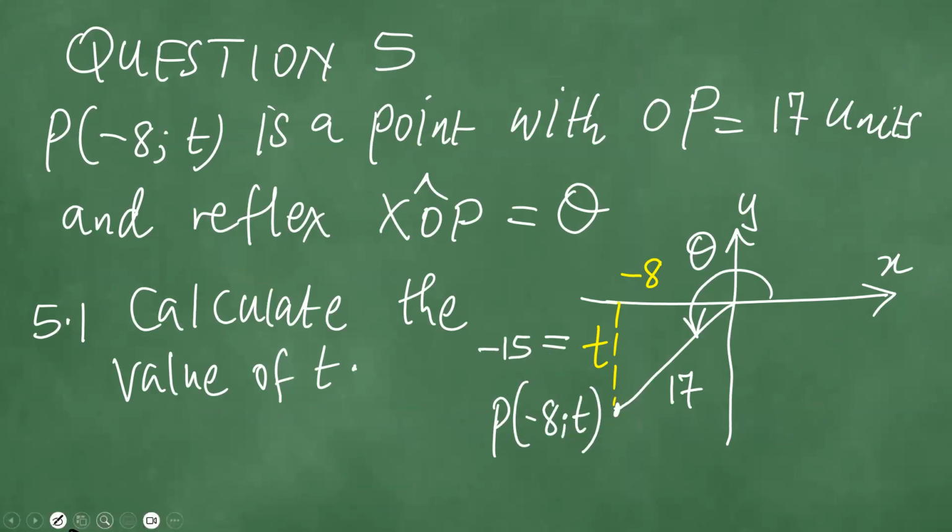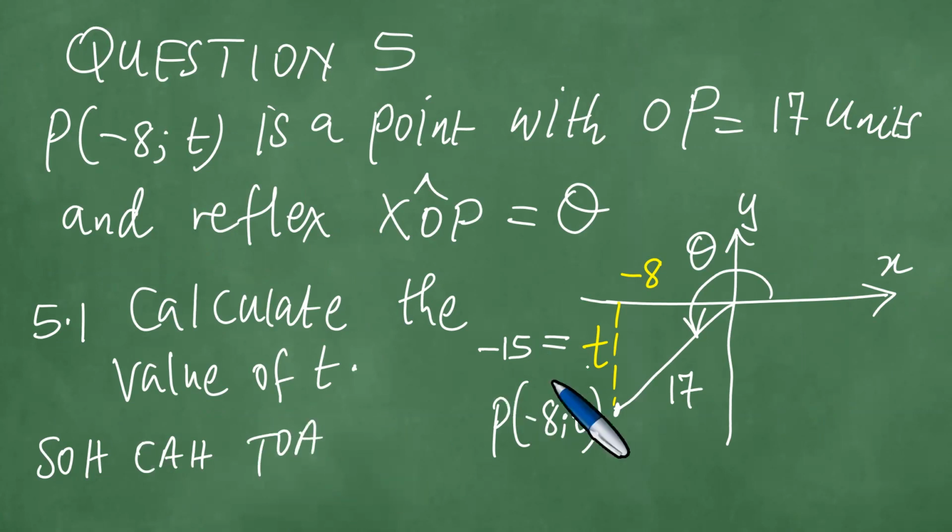So now if you want to find the cosine of the angle theta here by SOHCAHTOA, it is adjacent over hypotenuse.